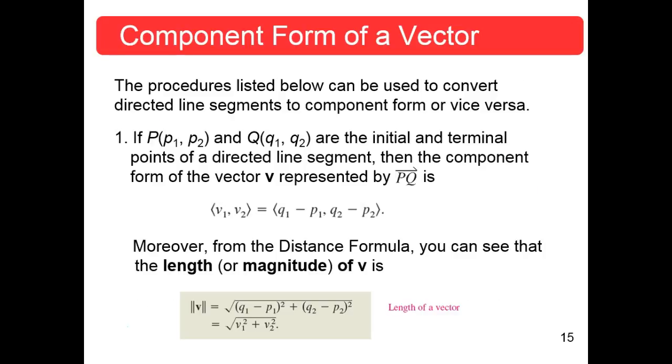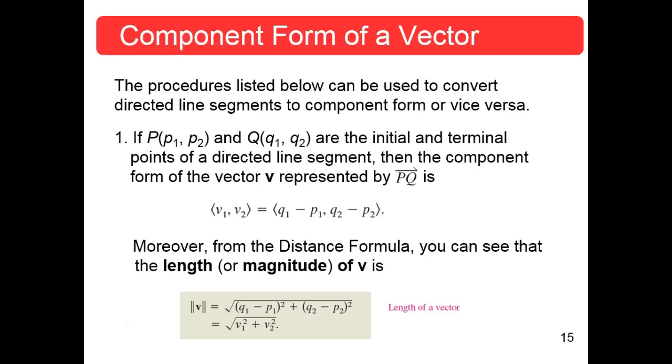All right, the procedures listed below can be used to convert directed line segments to component form or vice versa. Okay, so here we have a point P, and most of the time points are given capital letters but not bold. And usually when you're given a point, quite often they'll put in parentheses the coordinates of that point, P1 and P2.